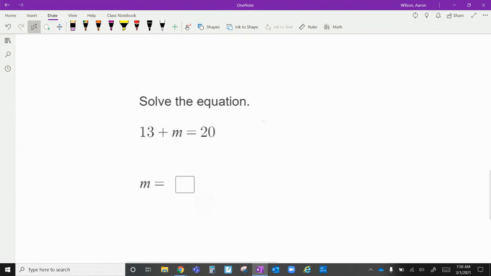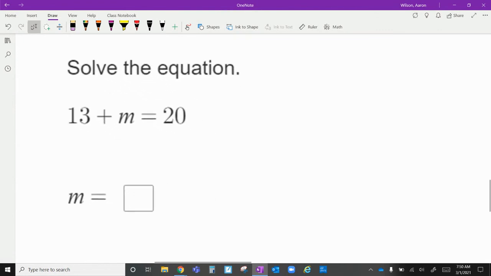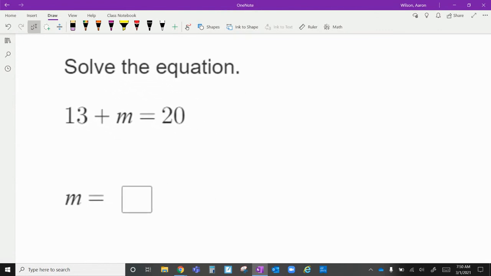All right, on to the next one. We've got 13 plus m equals 20. Just do it the quickest way possible. I see addition. The inverse of addition is subtraction, so we have to get rid of 13. But what we do to one side of the equal sign, we have to do to the other. If you have 13 and you're taking 13 away, that becomes nothing, and all that's left is the variable m.